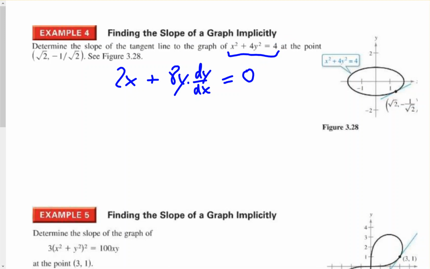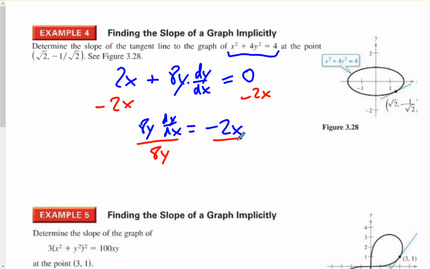So first thing we would do is minus 2x, both sides. So if we do that, we have 8y dy/dx equals negative 2x. Okay, divide by 8y.